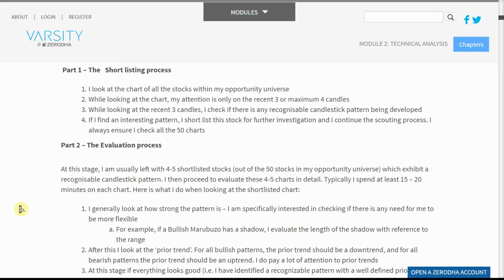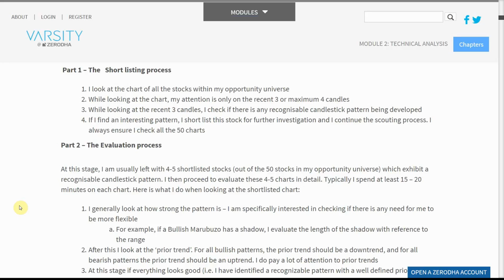While looking at the chart, my attention is only on the recent 3 or maximum 4 candles. While looking at the recent 3 candles, I check if there is any recognizable candlestick pattern being developed. If I find an interesting pattern, I shortlist the stock for further investigation and I continue the scouting process. I always ensure I check all the 50 charts.